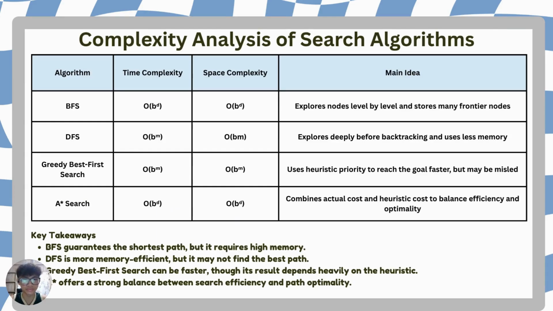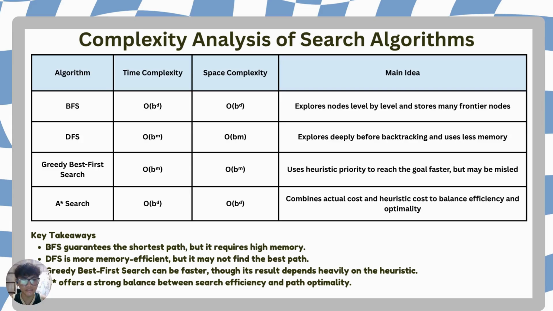Next, let's compare the complexity of BFS, DFS, greedy best first search, and A-star search. BFS explores nodes level by level, so it can guarantee the shortest path, but it usually uses more memory.